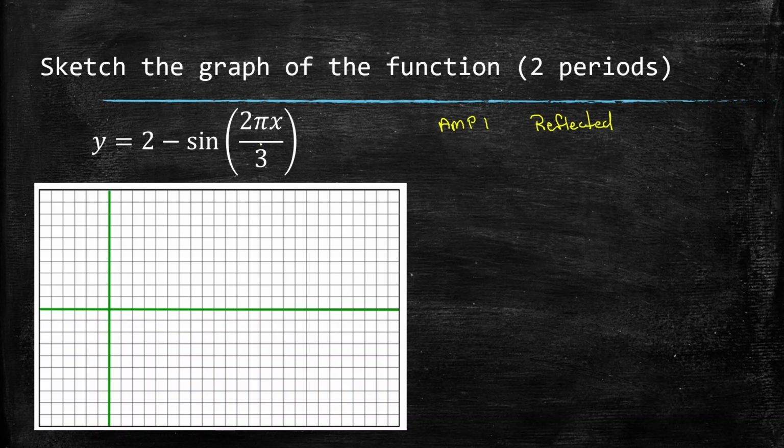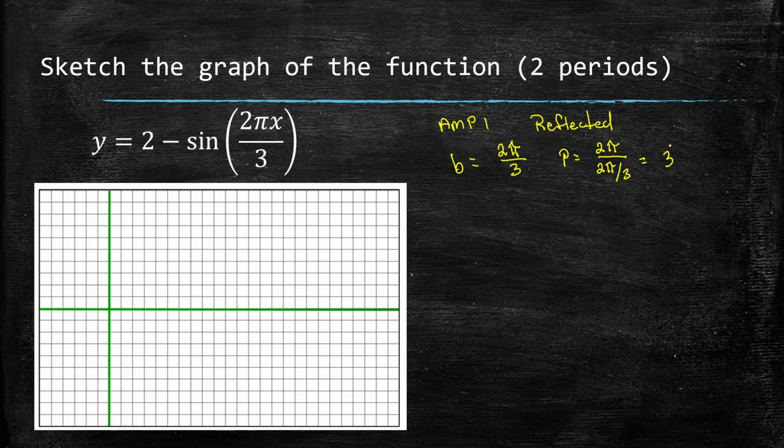And then for our period, our B value is 2 pi over 3. So then we can find our period. Period is 2 pi divided by 2 pi over 3, which after the algebra becomes just 3. So we want to break this up again into 4 sections.